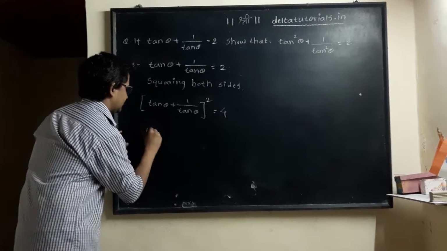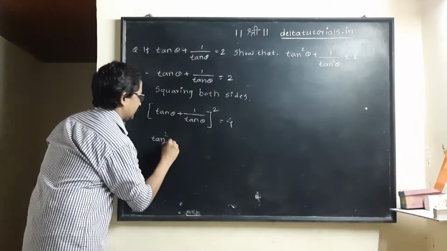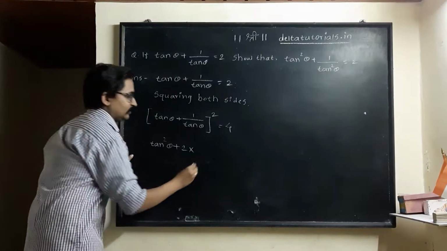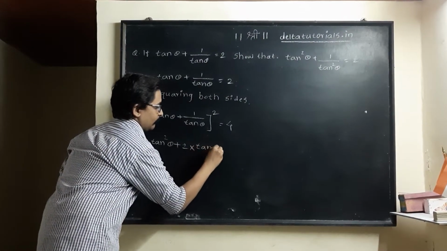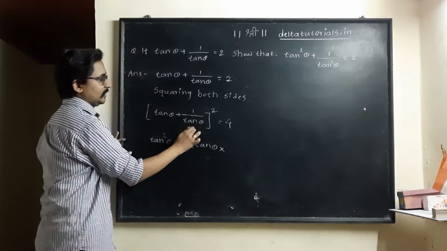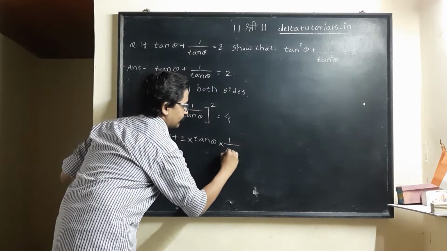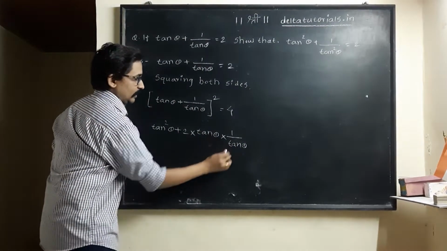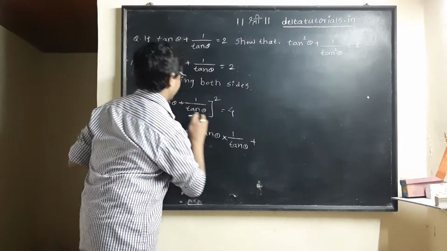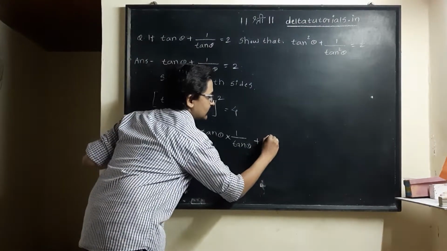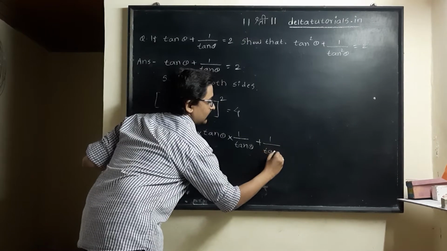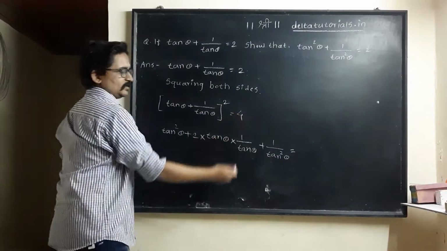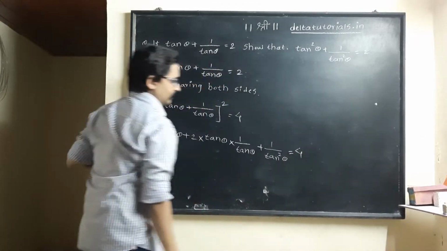So a square, that is tan square theta, plus 2 into, our a is tan theta, into our b is 1 upon tan theta, plus b square. Our b is 1 upon tan theta, so its square is 1 upon tan square theta. Right hand side will remain as it is, unaffected.